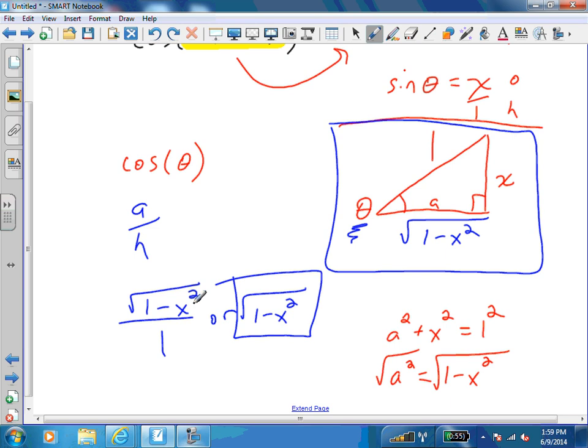If you don't draw the picture, you have to keep a lot of things straight in your head. But if you draw the picture, label opposite, adjacent, hypotenuse, whichever ones are given, you can find the missing pieces and then express this ratio in terms of those sides.